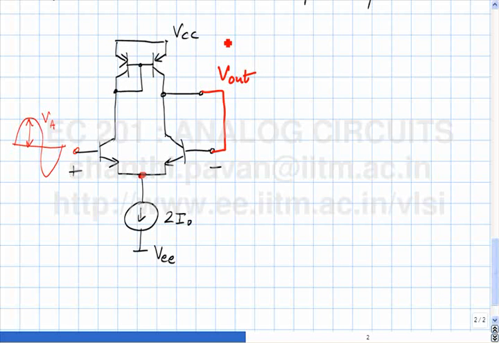So what do you do? You find the quiescent voltage everywhere. So the quiescent voltage of the input sine wave is 0. When the quiescent voltage of the input sine wave is 0, what is the output? When this is 0, what is the output? This output should also be 0 volts.